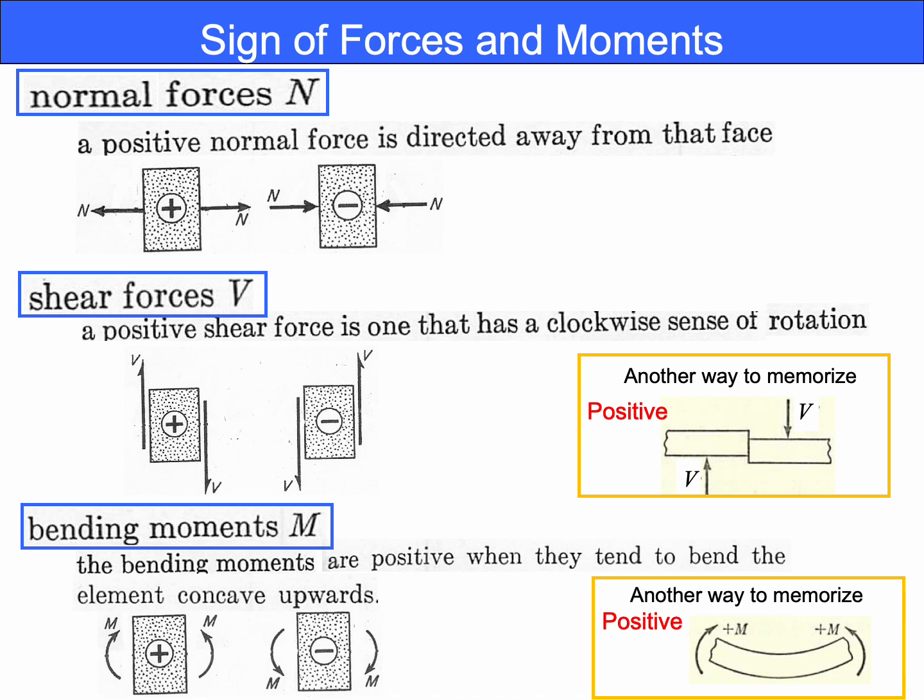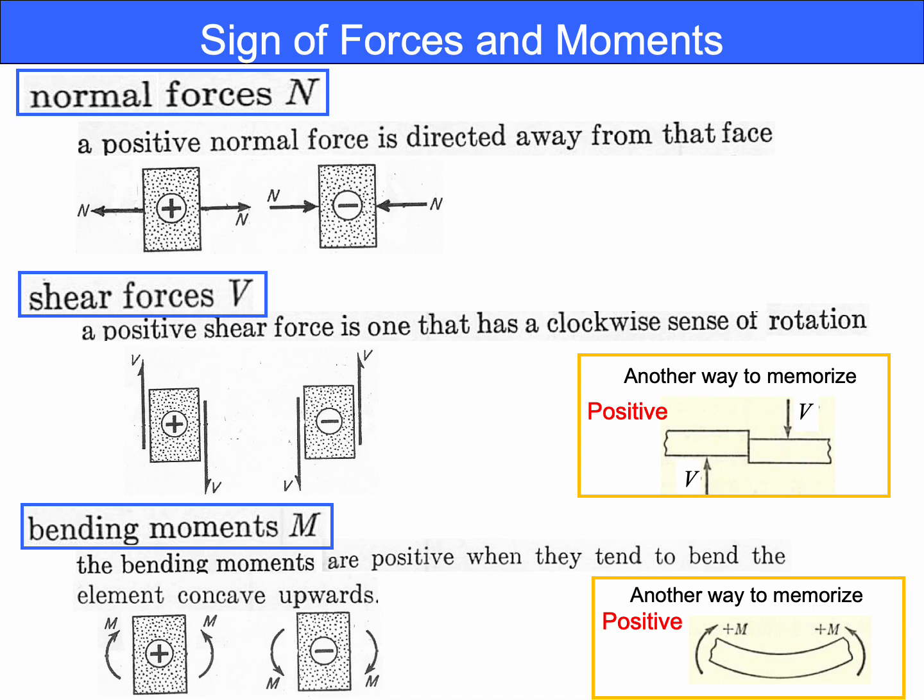And this shape is called sagging, and the opposite image is called hogging, just like the back of a pig. This curvature implies tension on the bottom surface. So when the beam has tension on the bottom surface and compression on the top surface, then the moment acting on the part is defined to be positive. Okay?